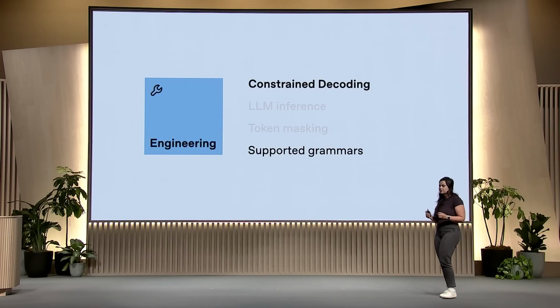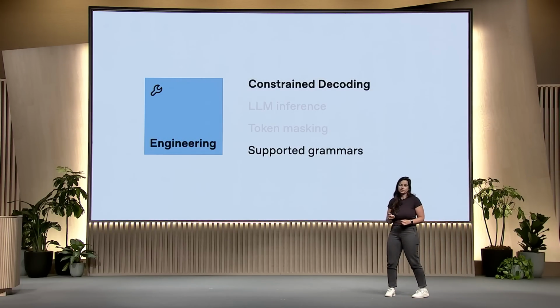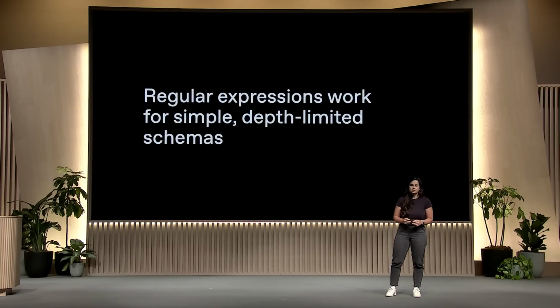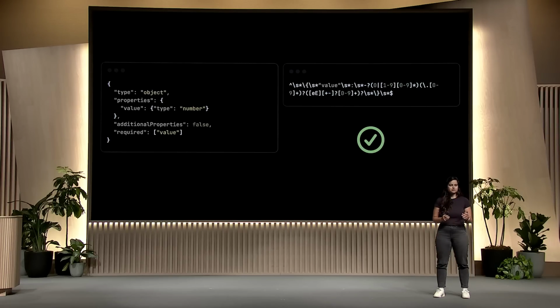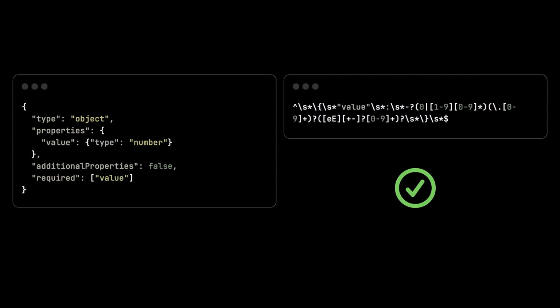Finally, let's talk about the kinds of grammars we support with structured outputs. A common approach in the open source community is using regular expressions for determining token masks. And this approach works quite well for simple or depth-limited schemas. So for example, you can imagine a regular expression for our value schema from before.